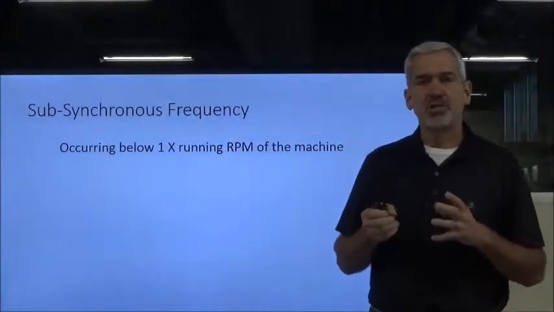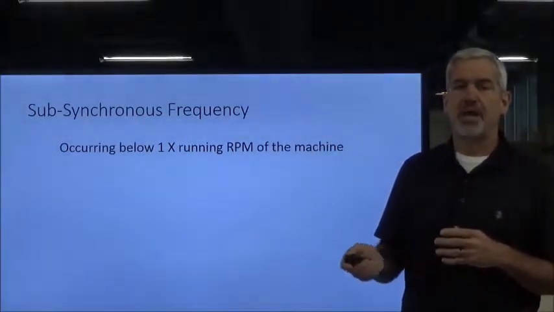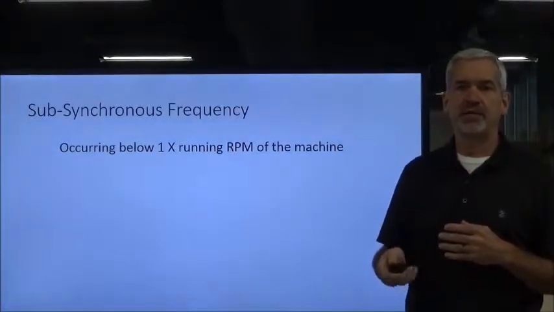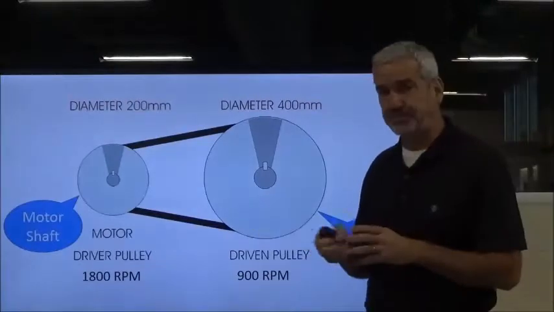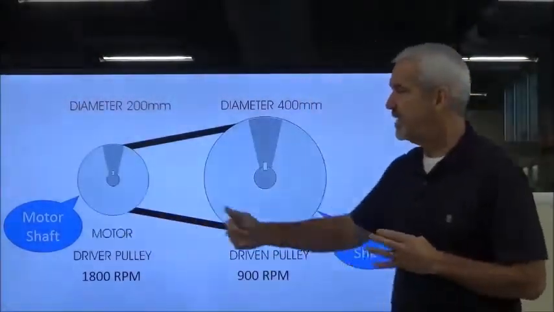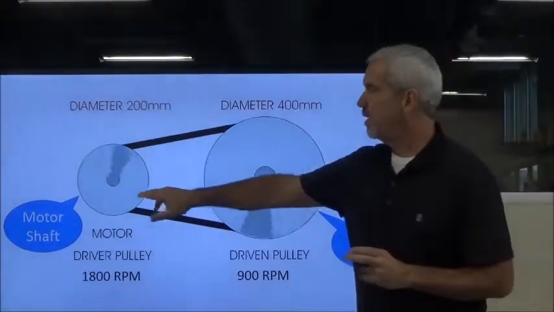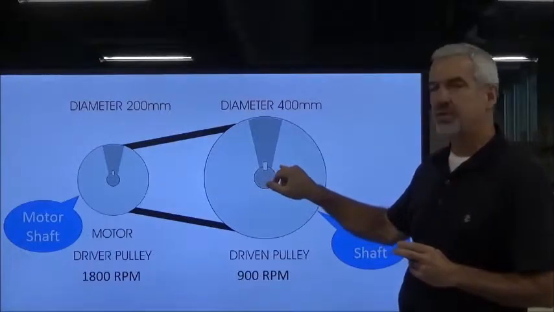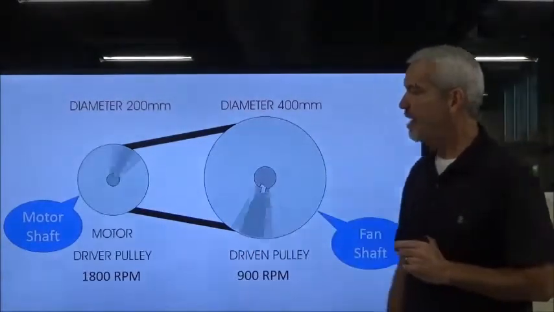But you can also have a subsynchronous frequency, because those are frequencies that come at lower than the driving RPM of that motor. For example, using our sheave example again, we've got a motor shaft turning, let's say 1800 RPMs, and we have a 2-to-1 ratio, whereas the driven sheave is twice the diameter of the driving pulley.